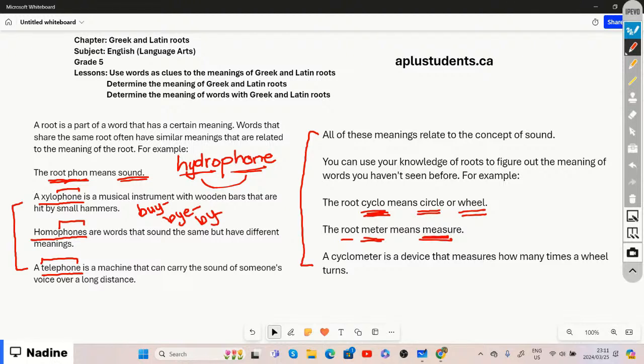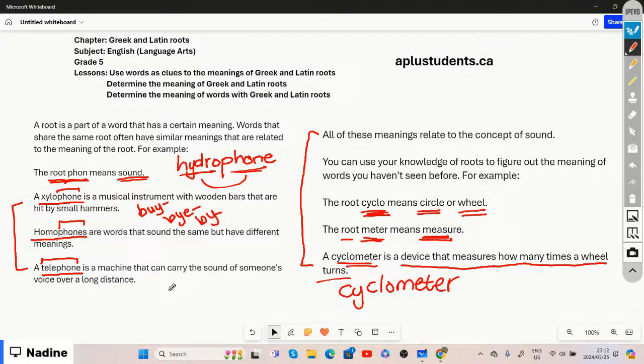So now it means that we basically have two root words, which is cyclo and meter. And if we put those two root words together, which is cyclometer, then we can say it is a device that measures how many times a wheel turns, right?